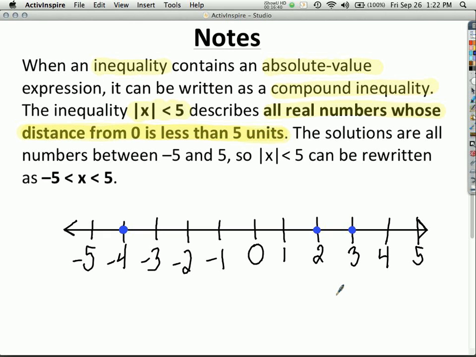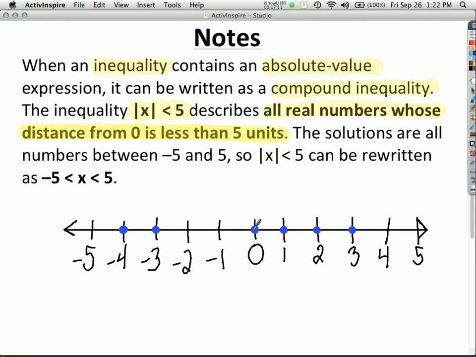Give me another one. Cheyenne? Negative 3. 1, 2, 3. Yep. Give me another one. Amani? 1. Yep. Okay, Chopin, give me another one. Well, 0 is kind of our starting point, so 0, yeah, is less than 5 units away from 0. So, yeah, you're right.